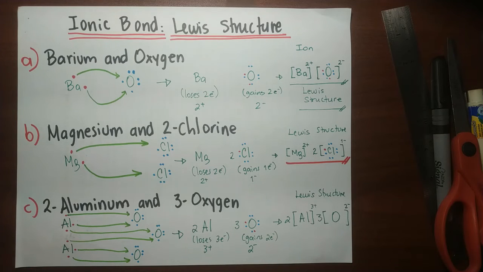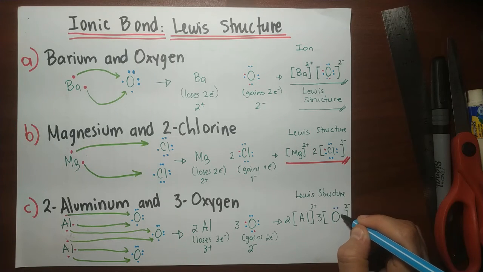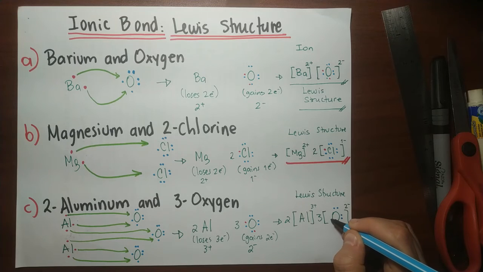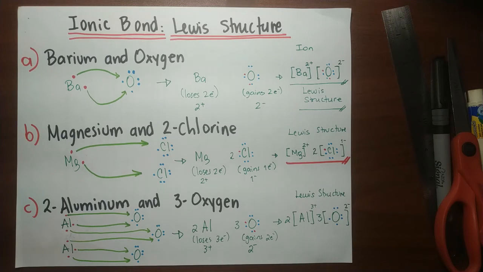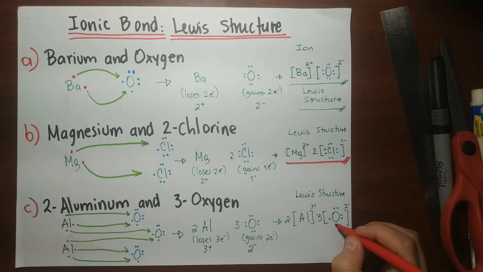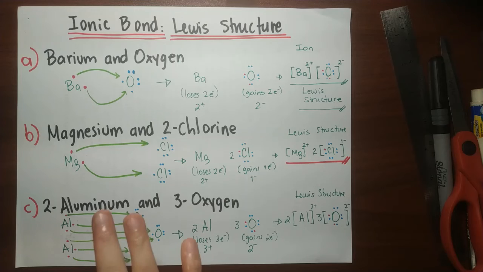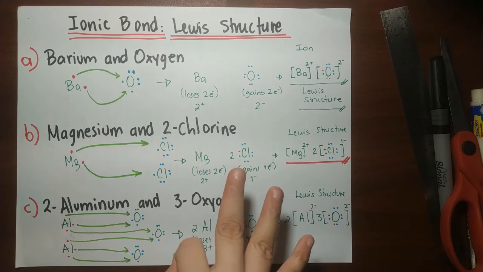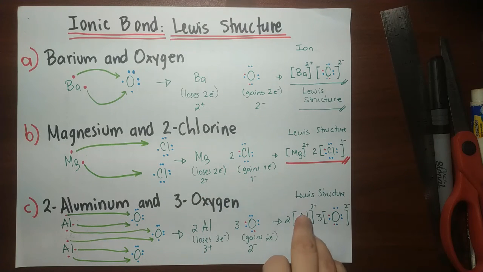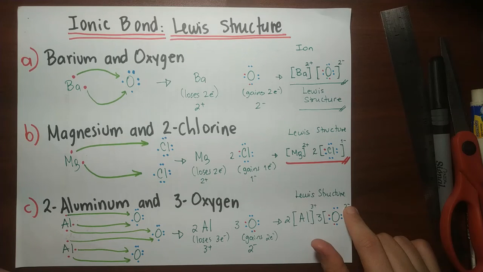And now inside you're going to include all the dots that are now part of your oxygen, those. So aluminum loses its three electrons, that's why it's alone, and oxygen, as you can see, 2 dots in red means that it just gained 2 electrons, so the charge is 2 minus.